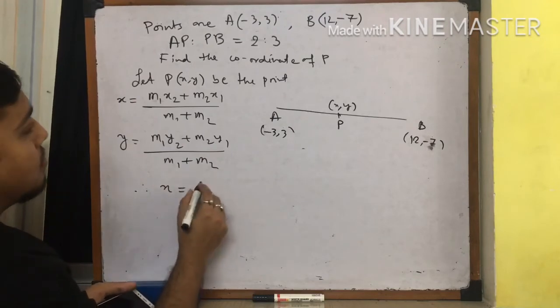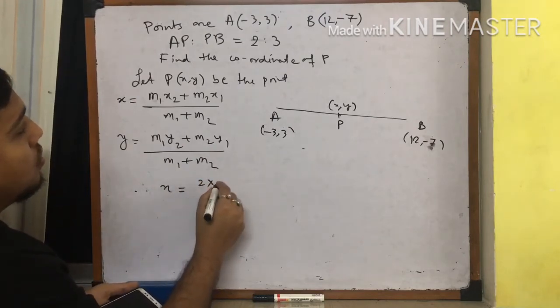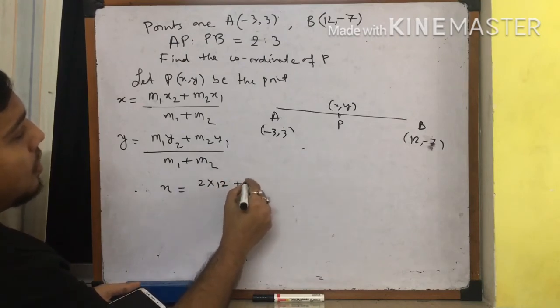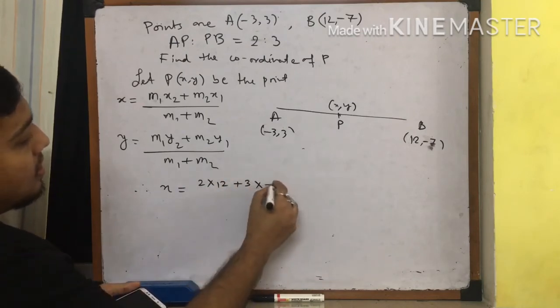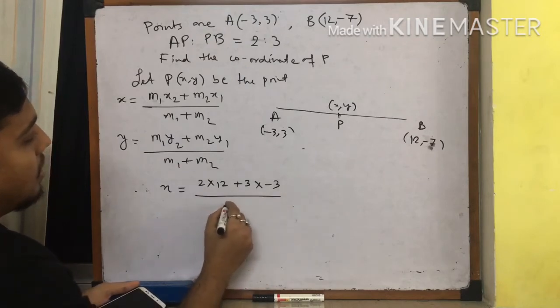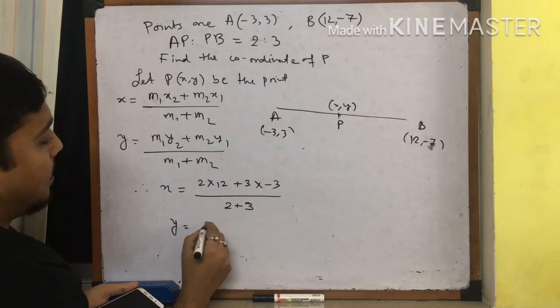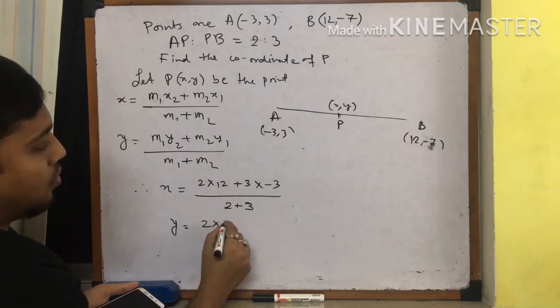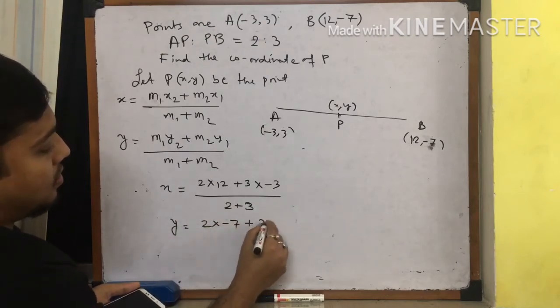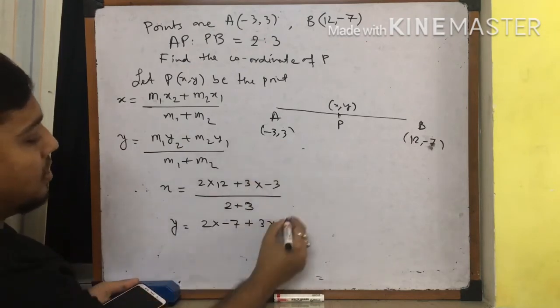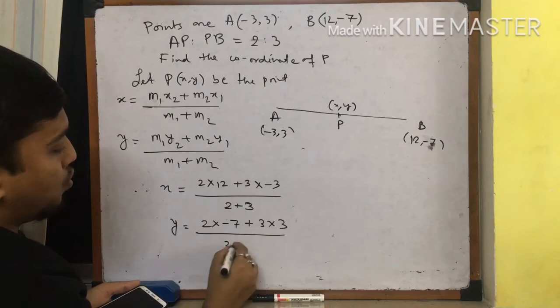Therefore x equal to 2 into 12 plus 3 into minus 3 by 2 plus 3, and y equal to 2 into minus 7 plus 3 into 3 by 2 plus 3.